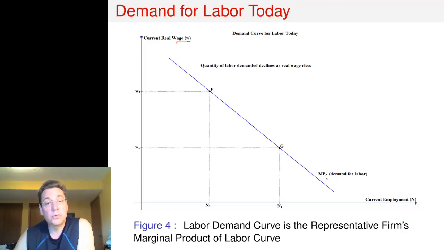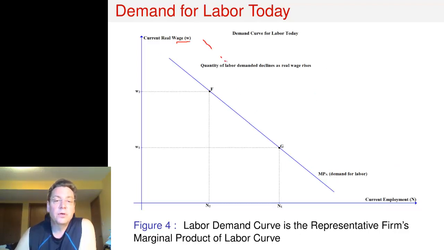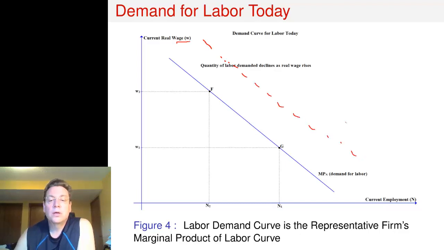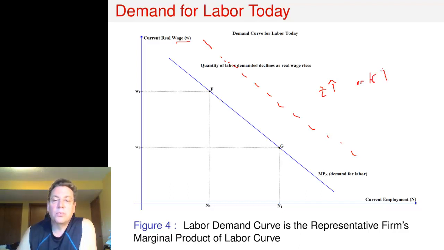So that is just the marginal product of labor. And if either TFP goes up or they start with a higher level of capital, then every unit of labor is going to be more productive, and therefore the demand for labor is going to shift out.